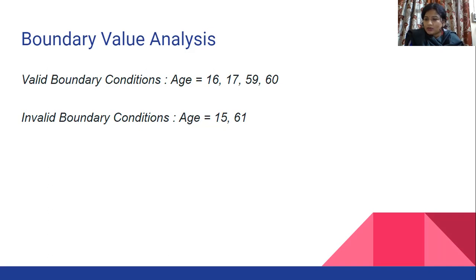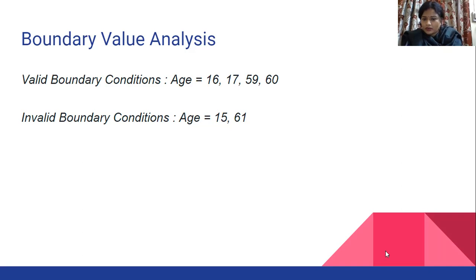That is, the software won't be allowing people having age less than 16 and having age greater than 60. So I can check with the boundary values in this example.